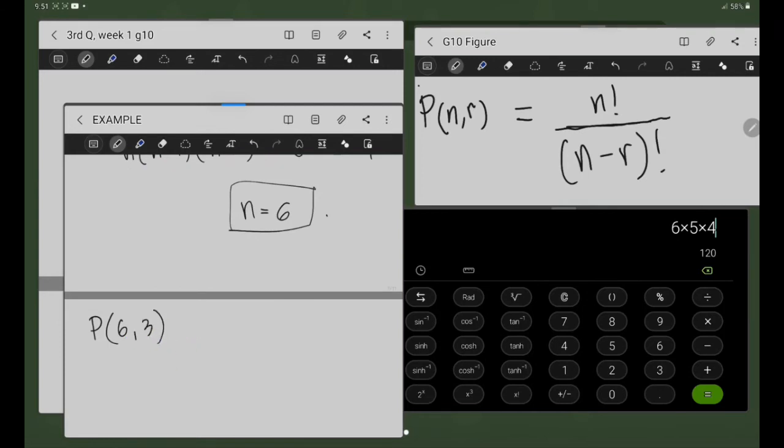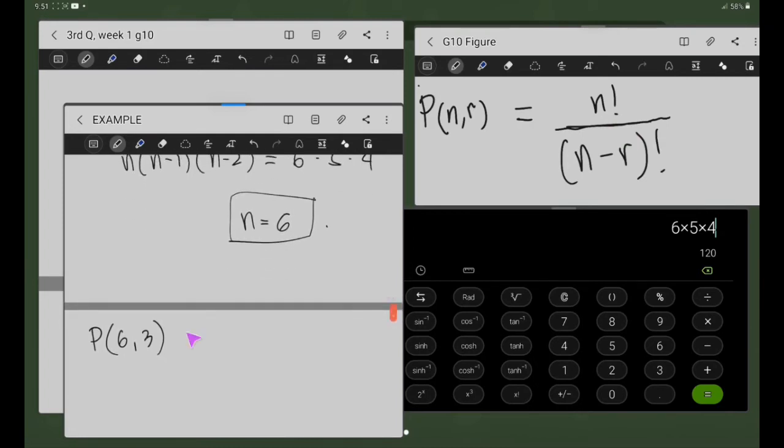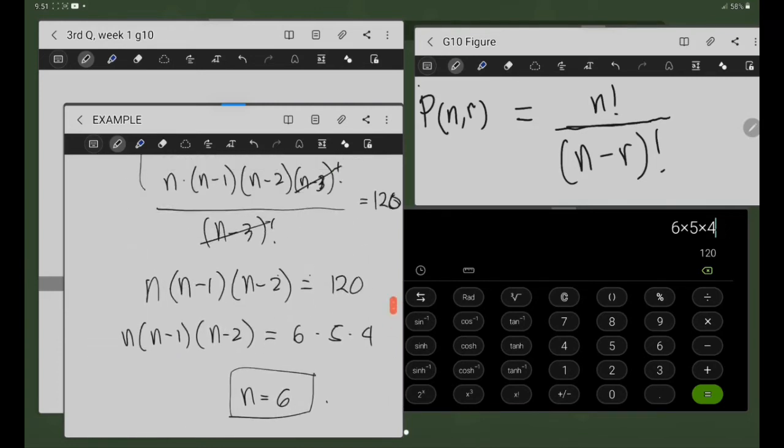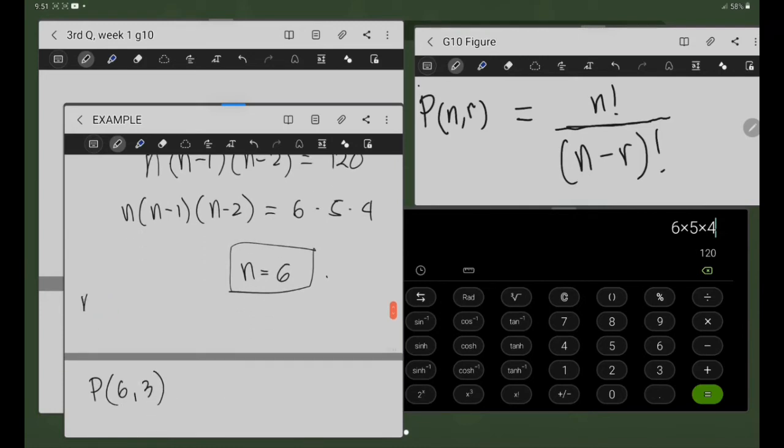Okay, ito. Try natin dito. So yung r natin dito is 3. So n is equal to 6, r is equal to 3.